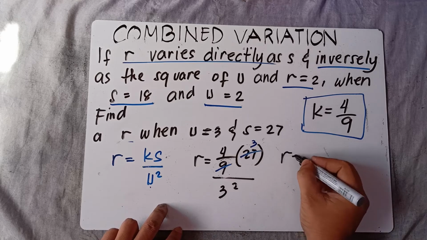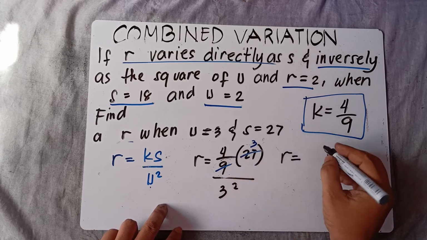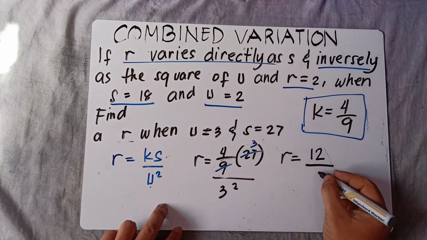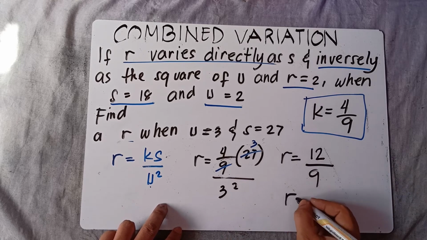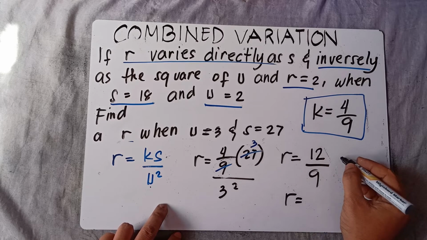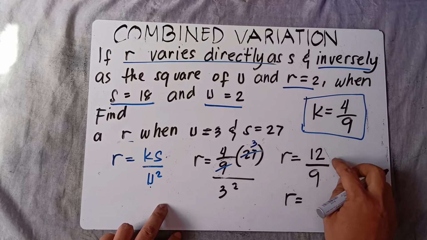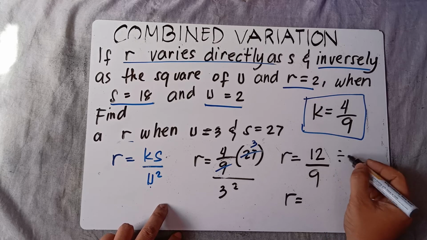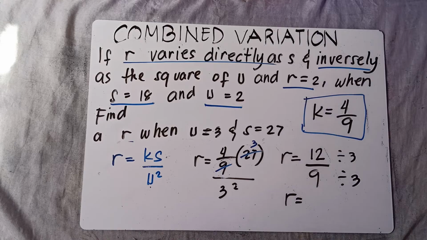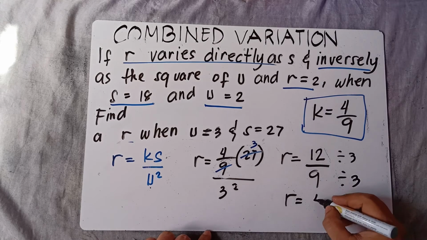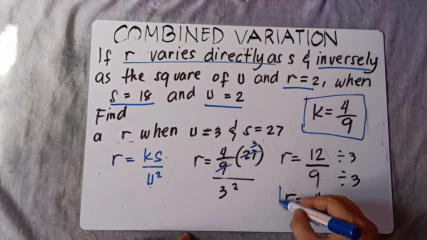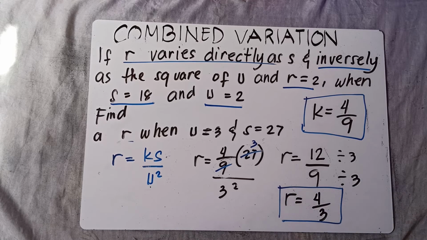So R equals 4 times 3, which is 12, over 9. You can reduce this by 3, class. Divide the numerator and denominator by 3. So the answer is 4 over 3. So that's it for A, 4 over 3.